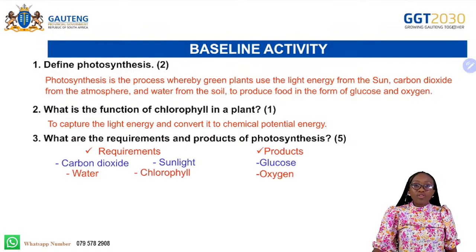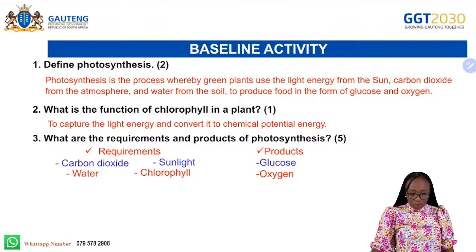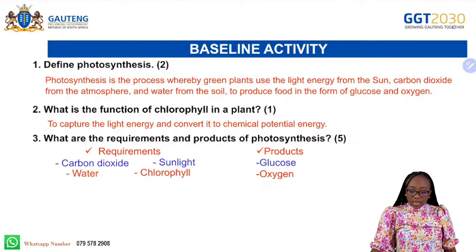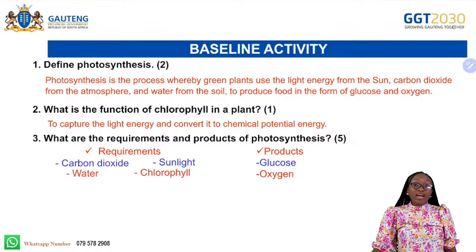So in order for the process to happen, this is what we need. We need carbon dioxide, we need water, we need sunlight, and we need chlorophyll, of course, to capture the sunlight. And then what are the products? The products are glucose and oxygen. Give yourself 2 minutes to quickly copy down the corrections and see you after 2 minutes.